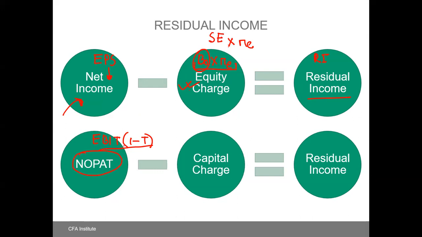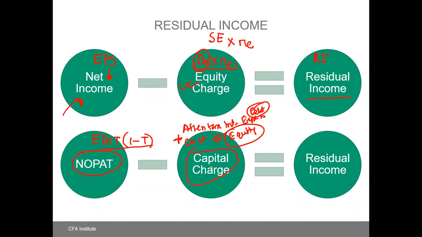Now, if we subtract the after-tax interest expense and the cost of equity, this total, what are our capital? Equity is our capital, debt is our capital. So if we subtract the cost of our total capital, that is known as the capital charge. This cost in total is known as the capital charge.